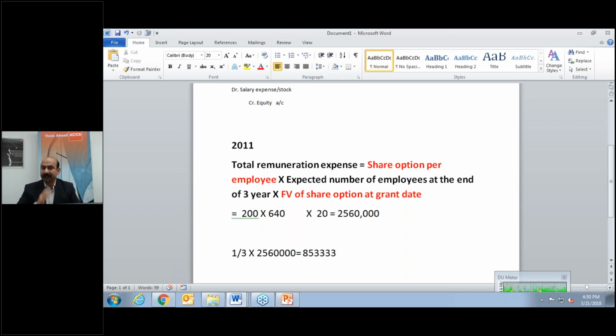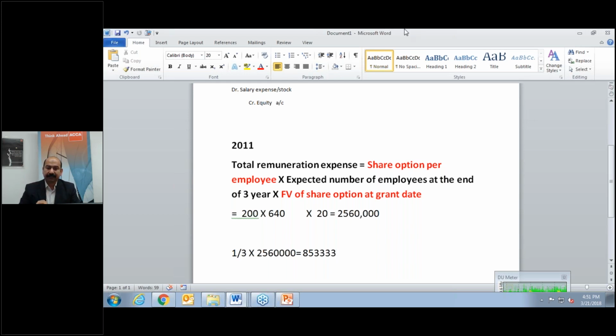Remuneration expense debit, because 1 year is completed, and employees have rendered their service for a part of the total vesting period. So for that part, we shall be recognizing a part of the total expense, that is 1/3 of the total expense.